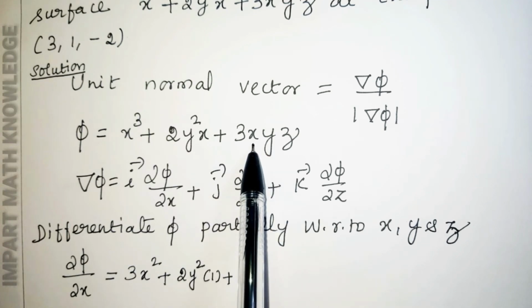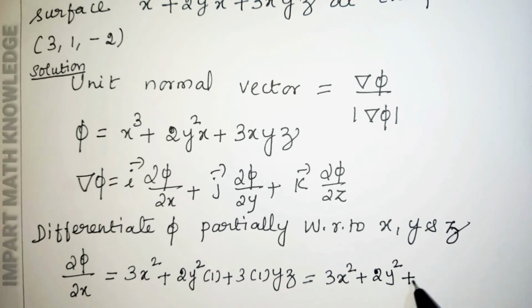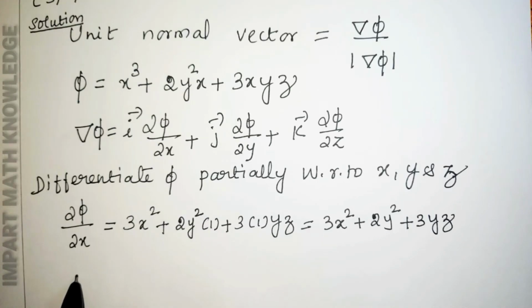Differentiation of x is 1, so 3 into 1 yz. Dou phi by dou x is equal to 3x square plus 2y square plus 3yz.